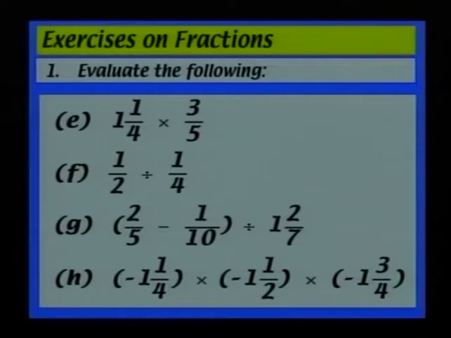Geno? F. Louder. 2. Okay, 2 is correct. A half divided by 1/4 is 2.